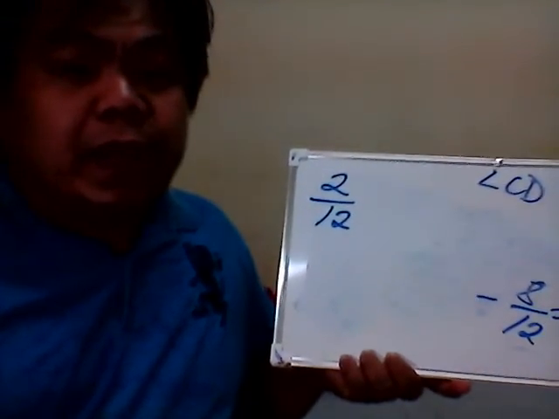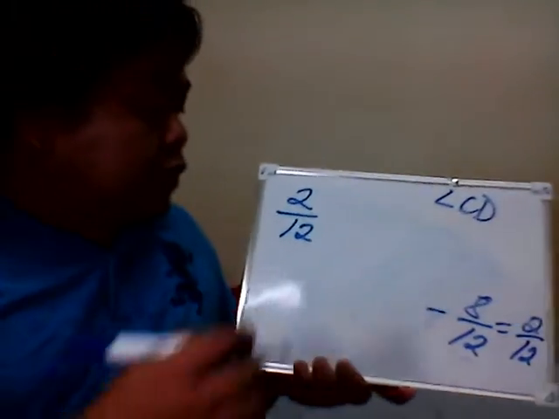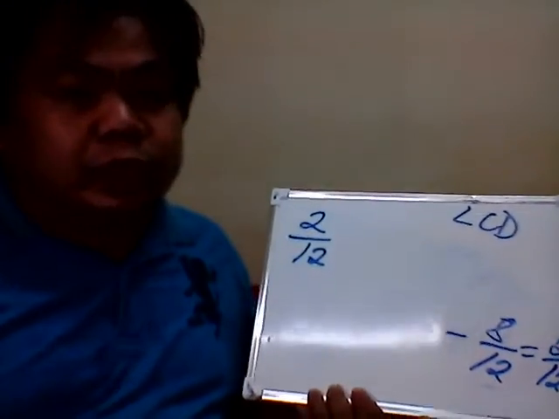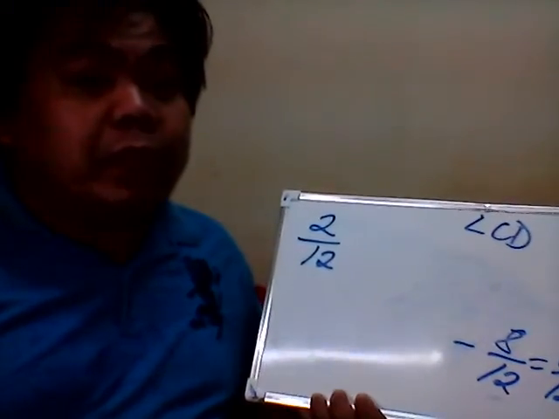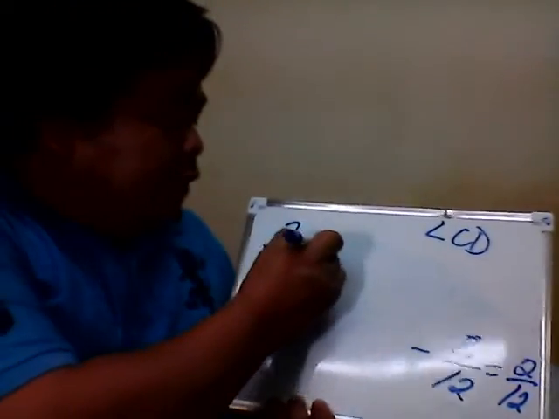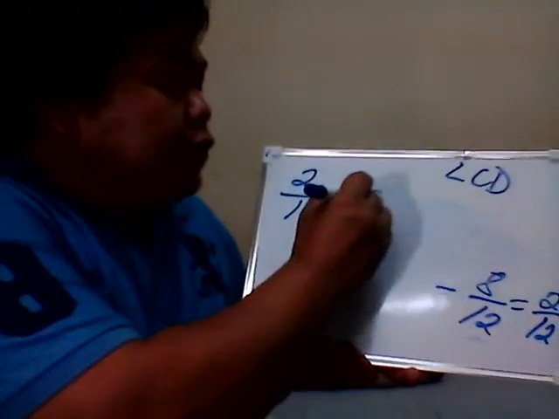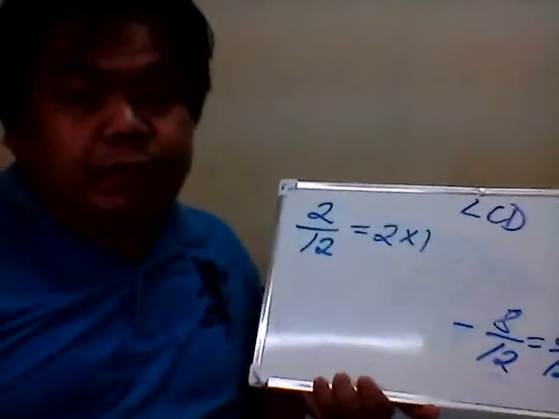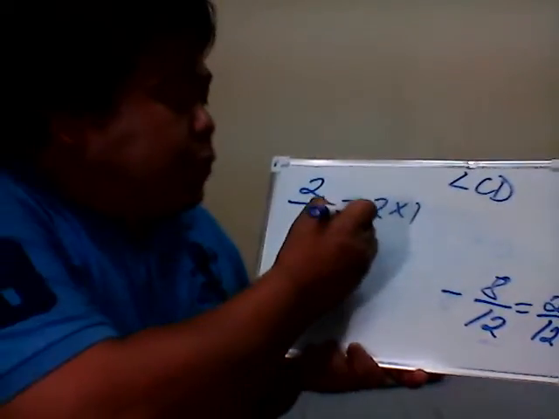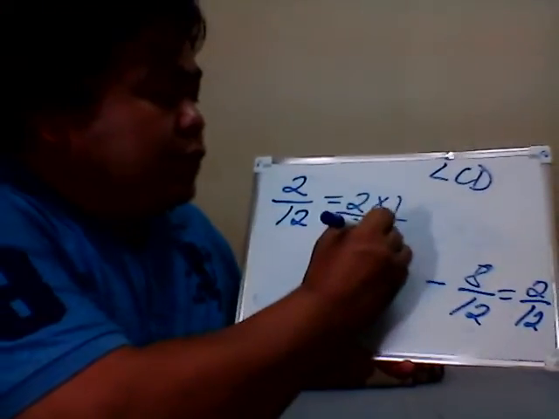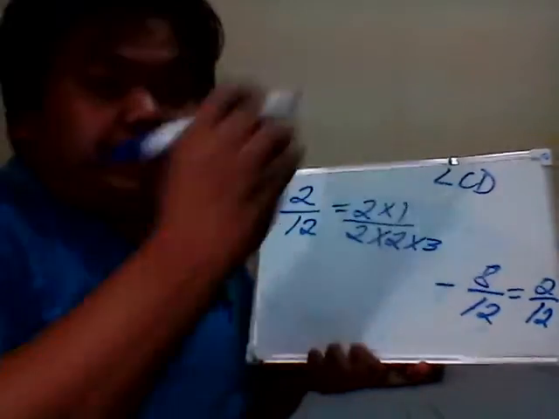So in simplifying a fraction, you could just think of a number that you could use to divide 2 and 12, or use the prime factorization method. So for example, the prime factors of 2 is 2 times 1. Okay? Next, the prime factors of 12, you have 2 times 2 times 3.